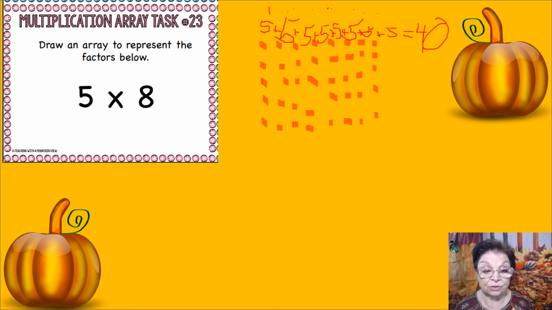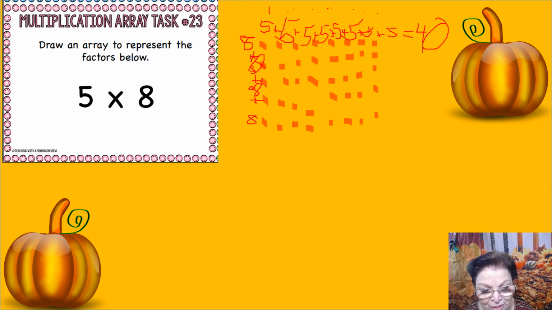Or you can count the columns. There's 8 plus 8. Oh, I hate making 8s with this thing. There's an 8 plus 8 plus 8, and you add all those 8s together, you'll have 40.